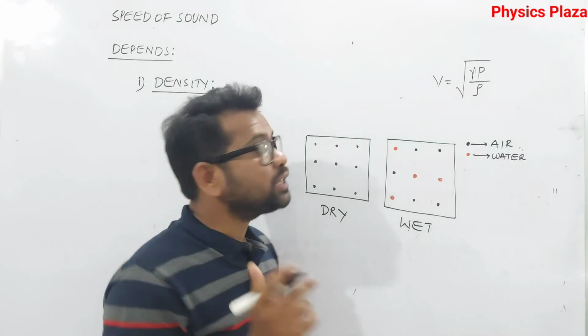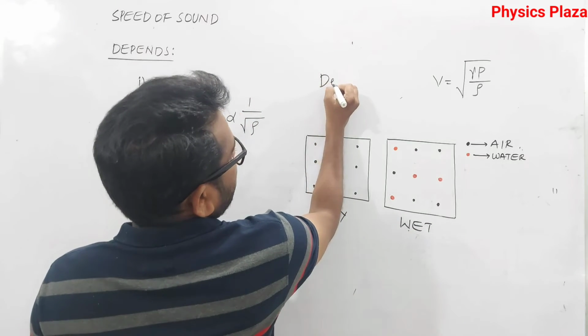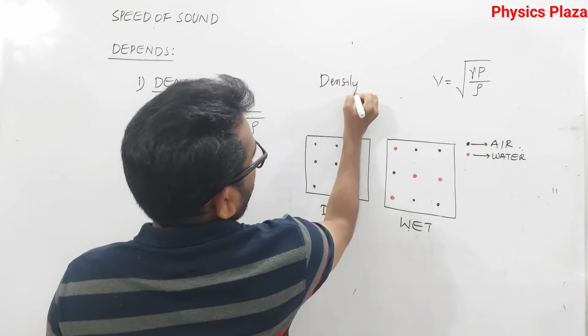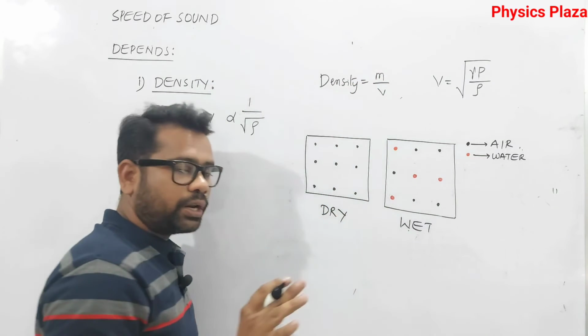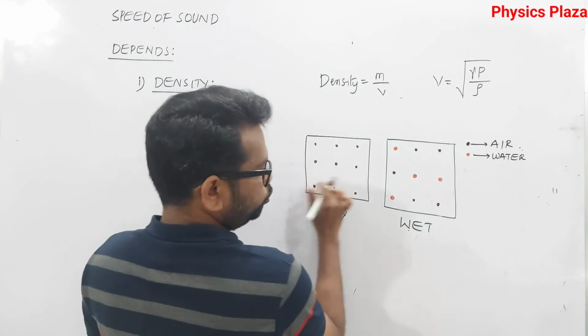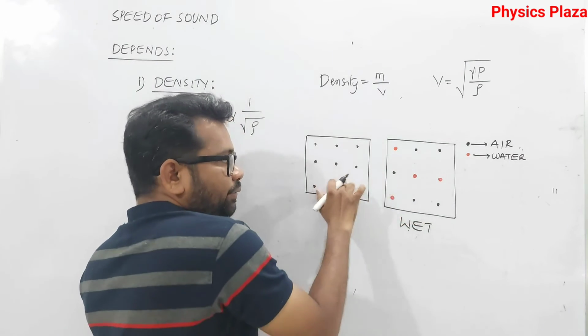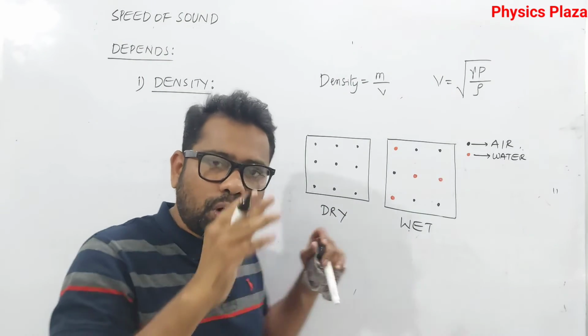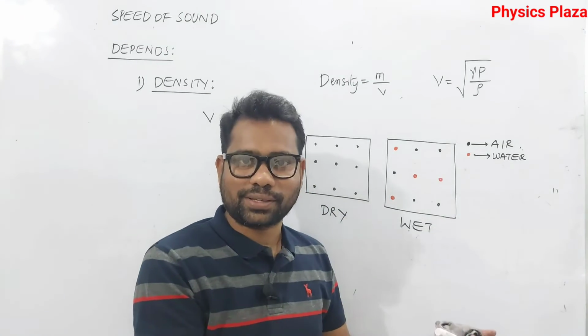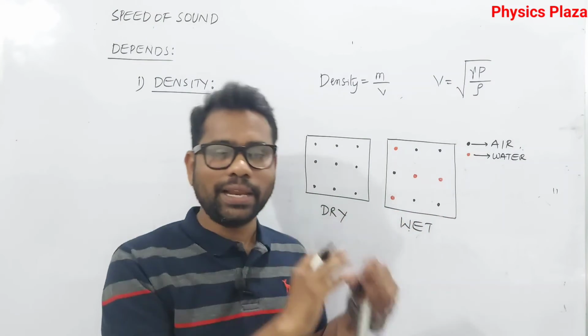Children, density means what? Density means mass per volume. Now children, now you think in this two, in which case more number of air molecules are present. More number of air molecules, more mass. Less number of air molecules, less mass.